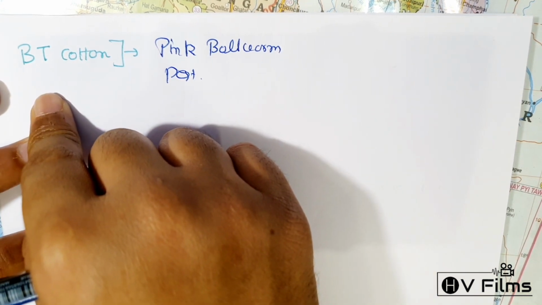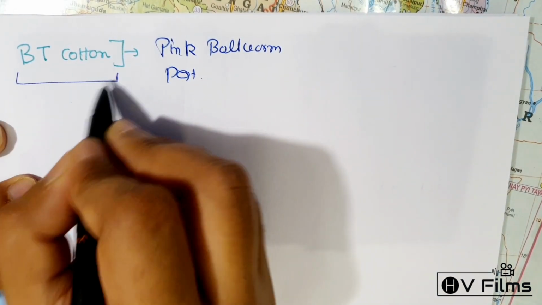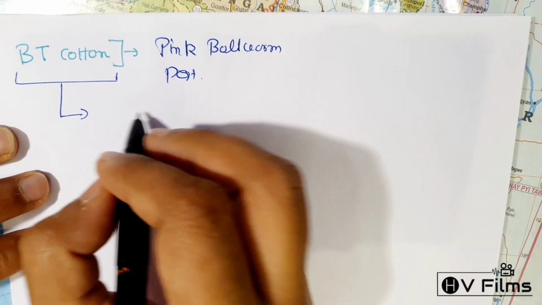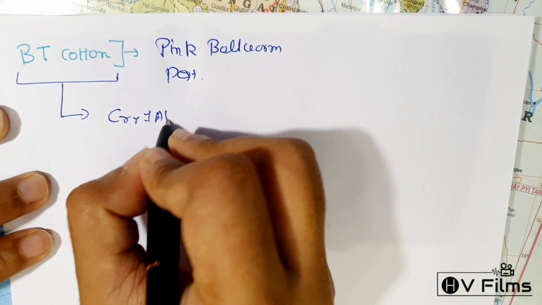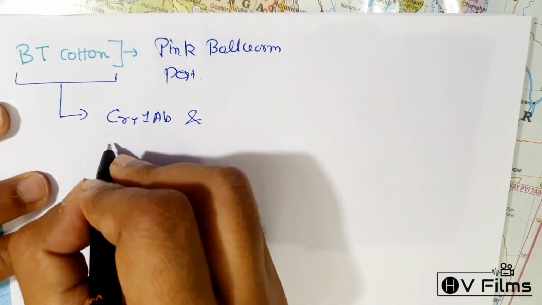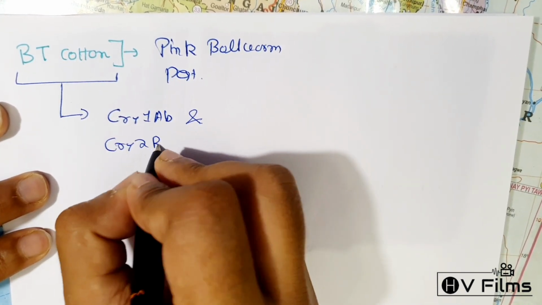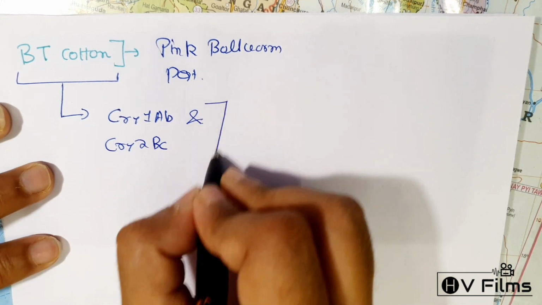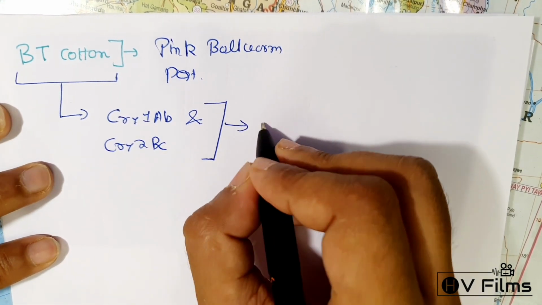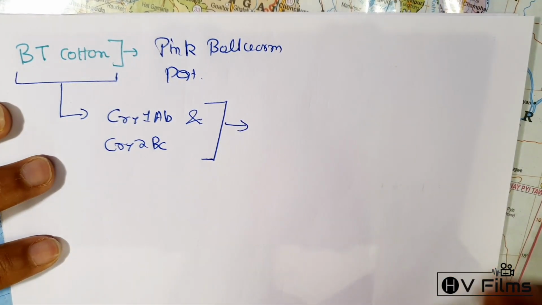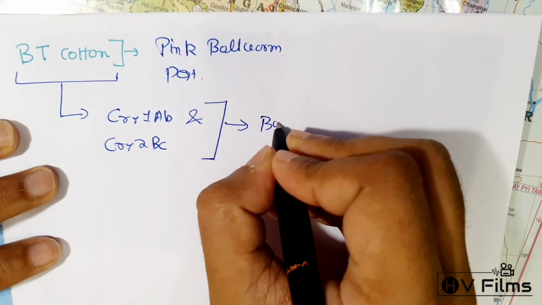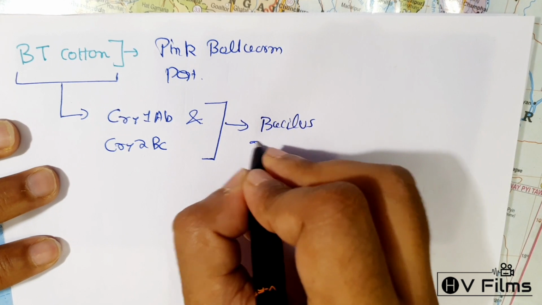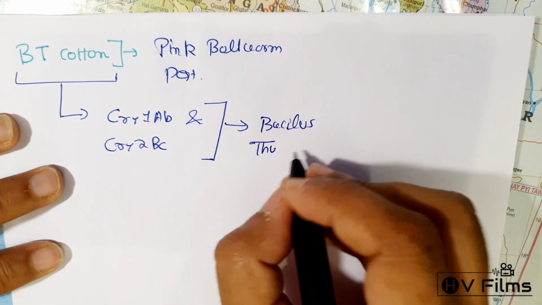This was done by using two genes, CRY1AB, you don't have to remember the names, and CRY2BC genes from the soil bacterium called Bacillus thuringiensis.